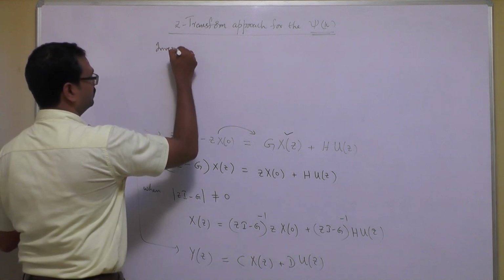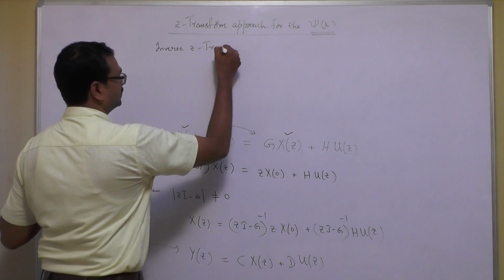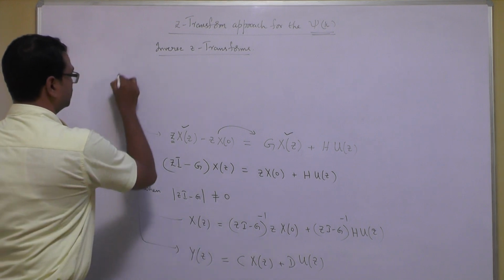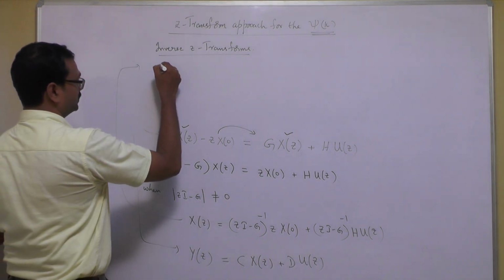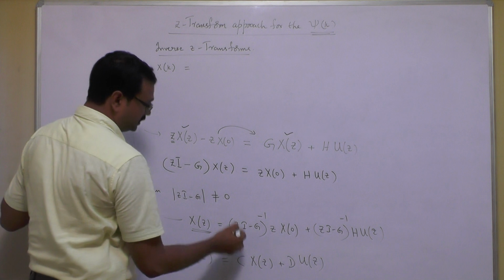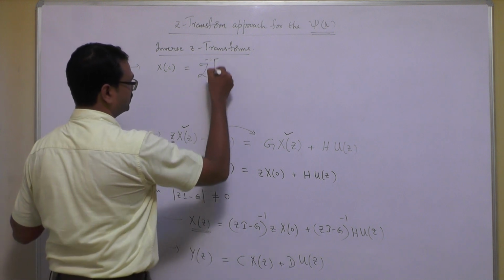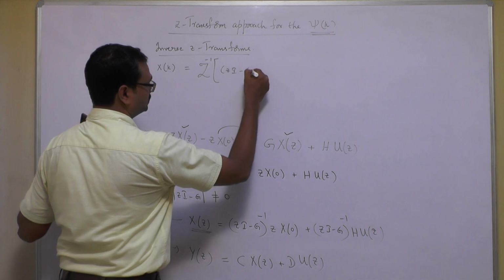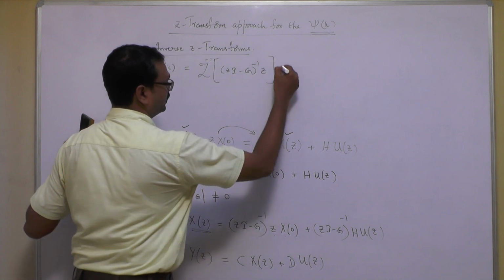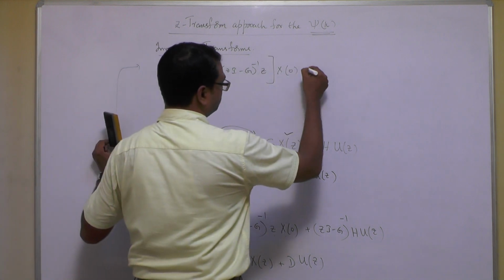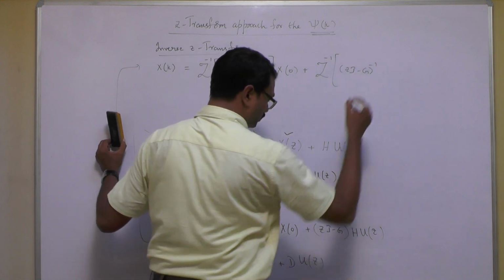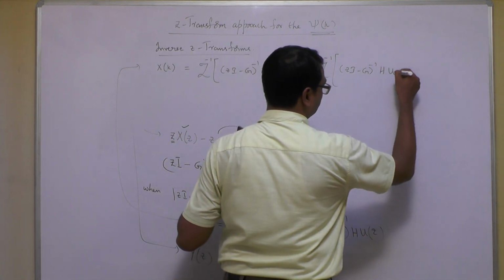When I go for inverse Z transforms, this equation can be written this way: the inverse Z transform of X of z gives me x of k, which is the inverse Z transform of (zI minus G) whole inverse into z X of 0 plus the inverse Z transform of (zI minus G) whole inverse into H U of z.